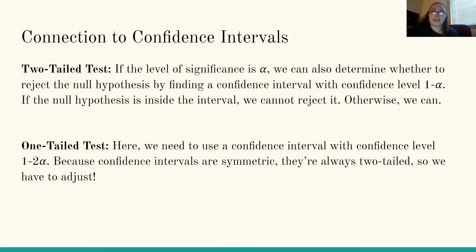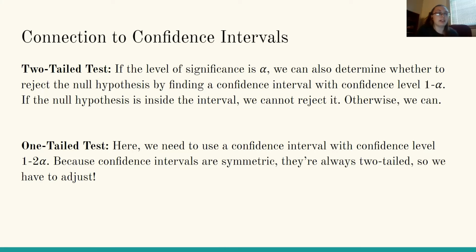If the level of significance is alpha, we'll go back to an example of 0.05 in a second, then another way to figure out if we reject the null hypothesis or not is to look at a confidence interval with confidence level 1 minus alpha. Right, so with alpha at 0.05, we're thinking about a confidence level of 95%. If our alpha, like in our donut example, were 0.1, then we would use a 90% confidence interval.